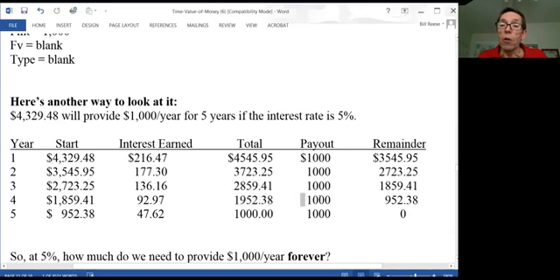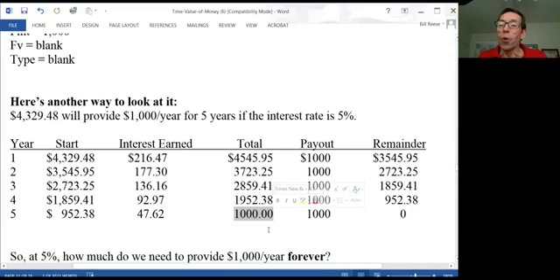So you pull out your $1,000 and that leaves you with $952.38. That's at the end of year four, which also means that's what you're going to have at the beginning of year five. During year five, that's earning 5%. 5% of $952.38 is $47.62, which gets added to your account at the end of the year, giving you a total of $1,000 in your account.